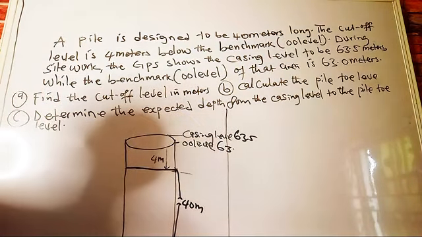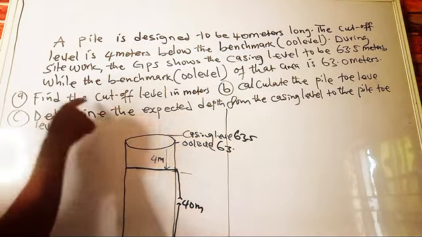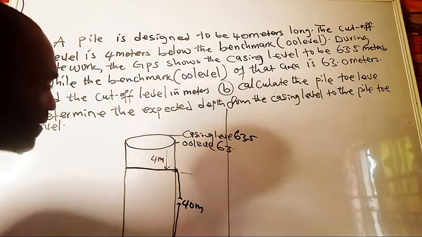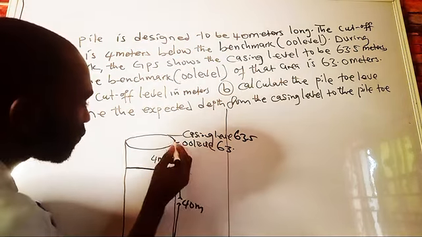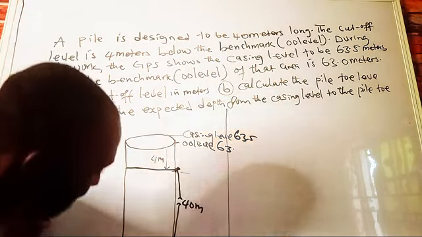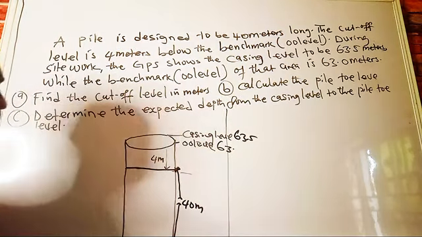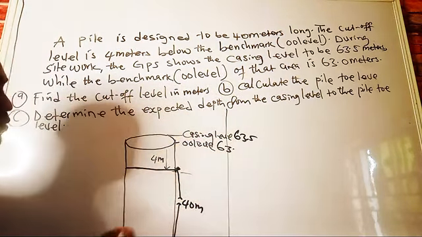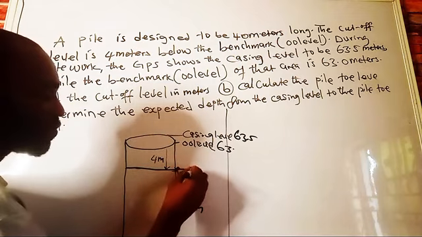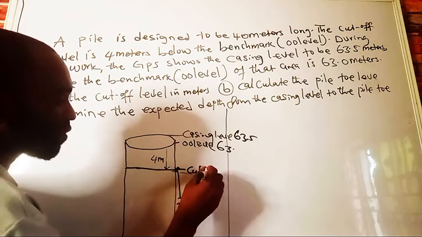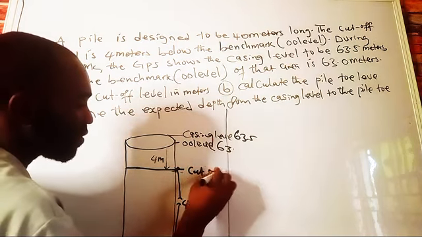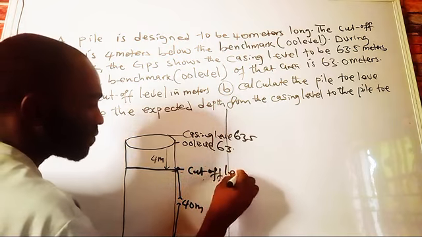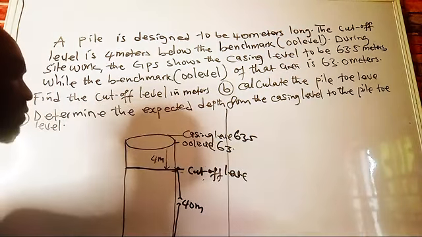The question asks you to find the toe level and the cutoff level. That is, if here is 63, you should find the distance, the elevation, from here down. So here is where they say cutoff level.